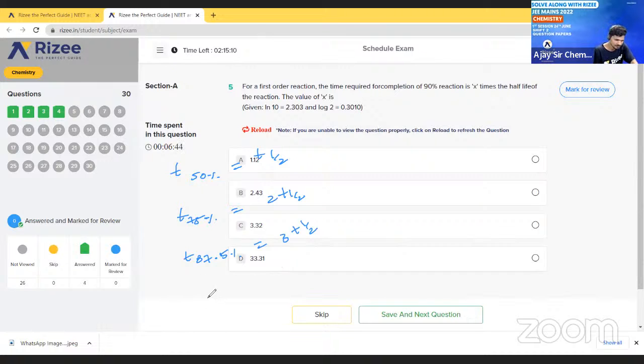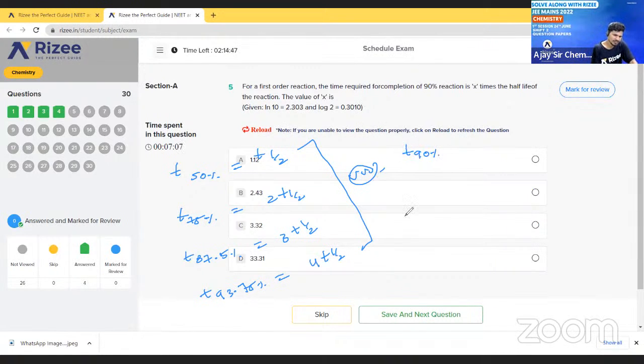Next, if 93.75% of the reaction is completed, then what is the half-life? 4 into T half. Okay? So these are very, very important.